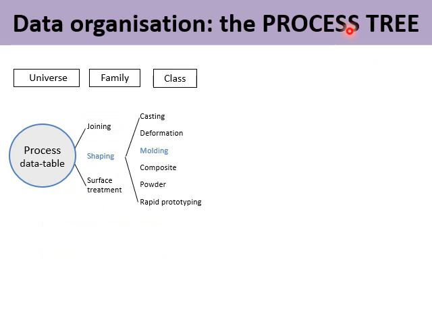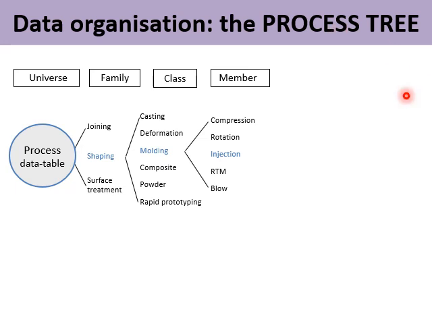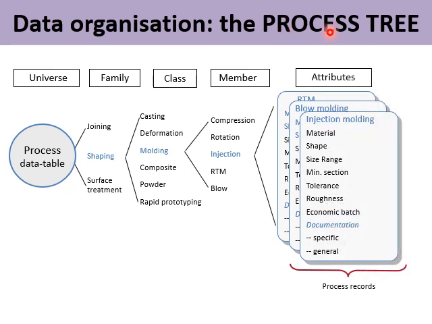That for shaping is expanded here, and each class has many members, as the expansion of moulding in this frame suggests, and each member is characterized by a set of attributes, some numeric and able to be structured, some based on text and images that are stored as unstructured information. And one of these, that of describing the shapes that a process can make, requires some explanation.